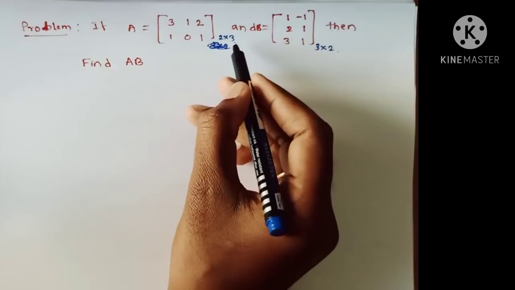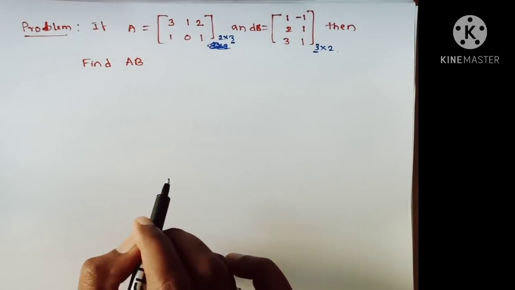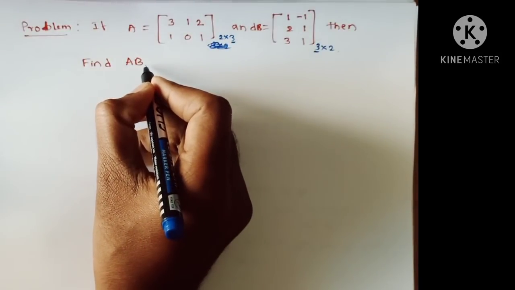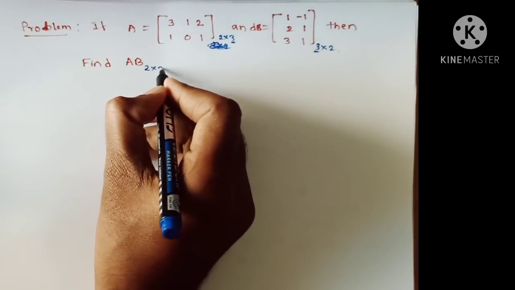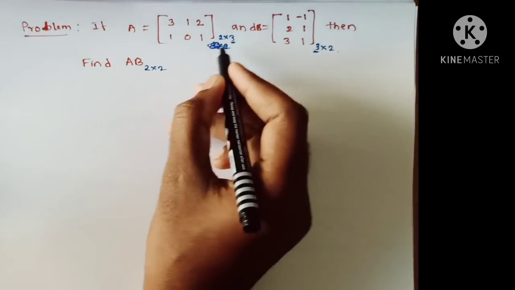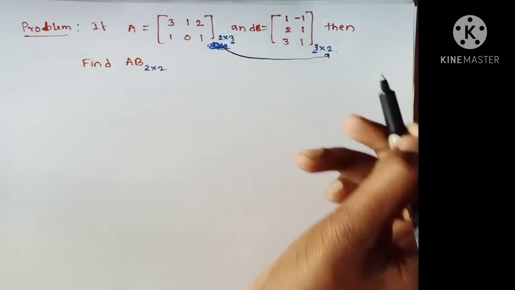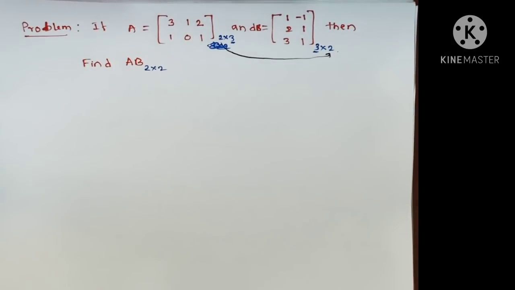So the multiplication is conformable, since the number of columns equals the number of rows. The resultant matrix is obviously of order 2 by 2, the number of rows in the first matrix by the number of columns in the second matrix.